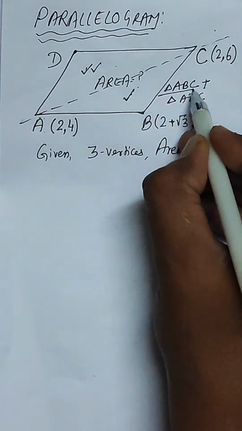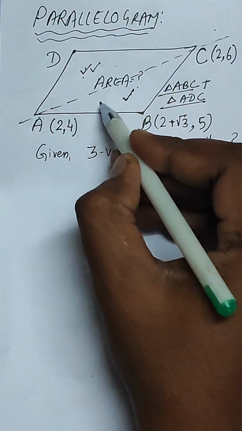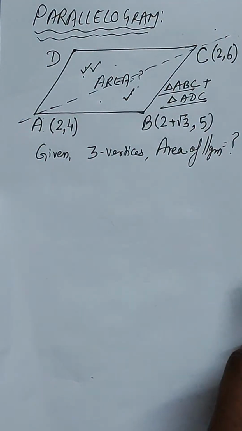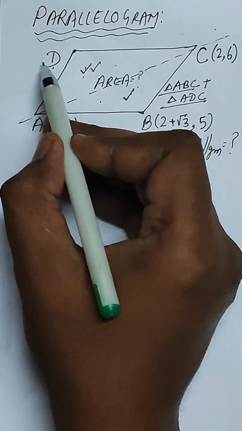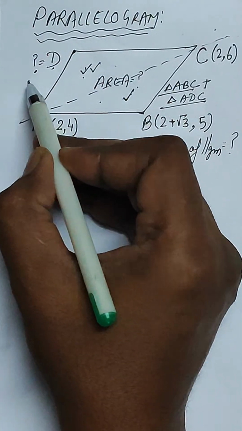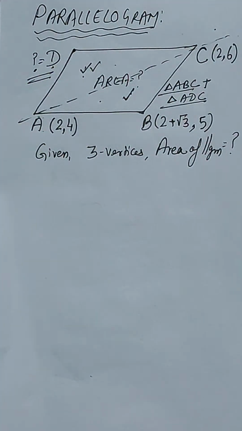But we do not know the fourth coordinate here. What is the value of D? That is not known to us.